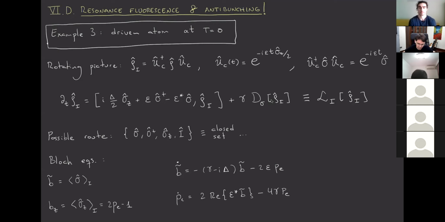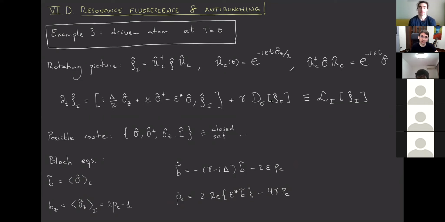Okay? So then you actually see from this expression that these 2 operators, so sigma and sigma z, they form a closed set. Okay? So you also need sigma dagger because this is the real part. So you get B and B star. But these are the Bloch equations.